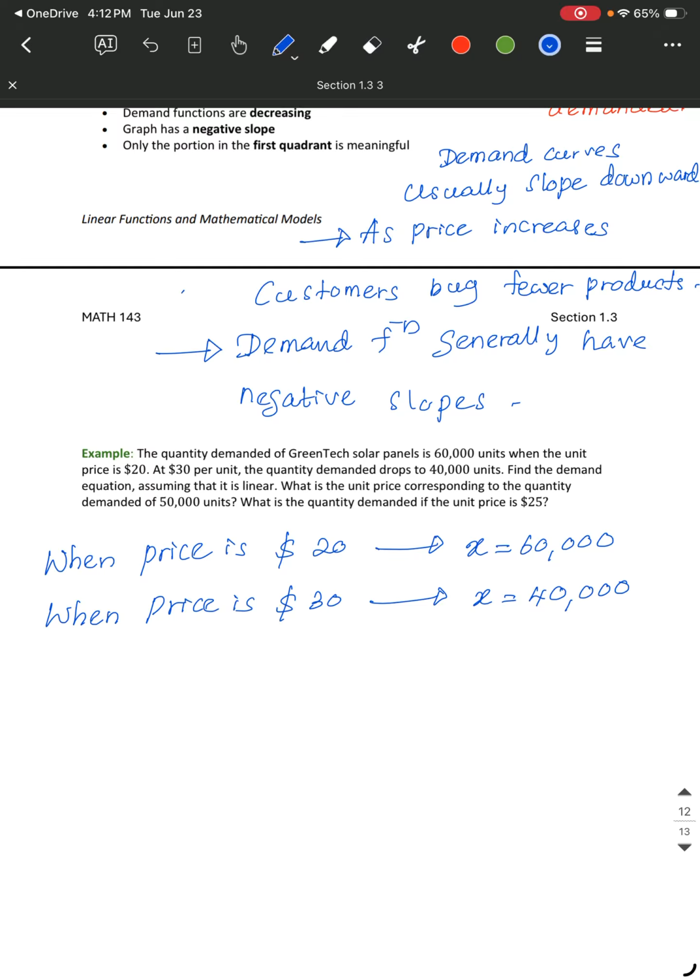Right? Okay, now we have 2 points. The first point is 60,000 and $20. The second one is 40,000 and $30. Then let's find the slope.